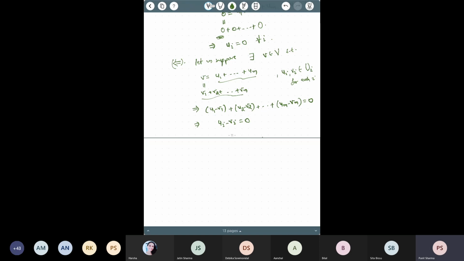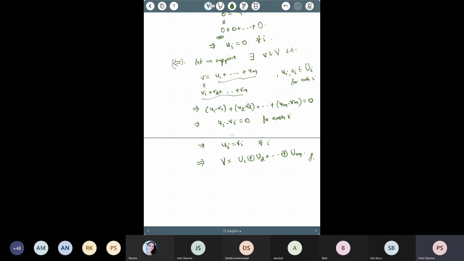So ui minus vi is 0 for each i, which implies that ui is equal to vi for all i, and therefore every vector has a unique representation when you write it as a sum of vectors. So this is a contradiction, and therefore v is a direct sum.